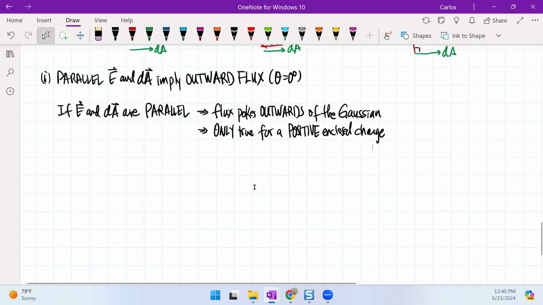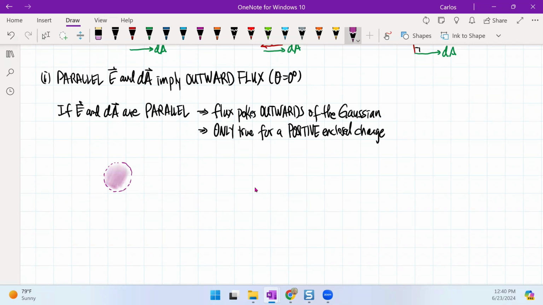So if I have three surfaces, it's going to look something like this here. If I have a spherical Gaussian, then the electric field is pointing this way, and dA must also point in the same direction. If I have a cylinder, and remember, we only care about the curved walls.